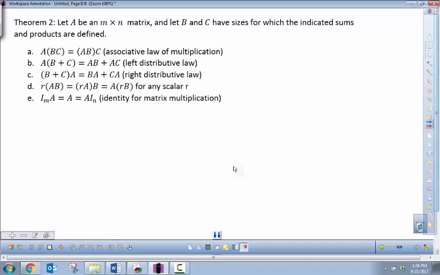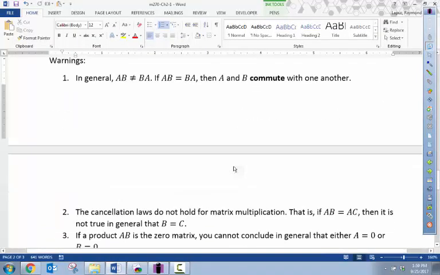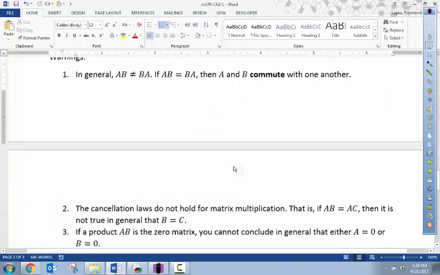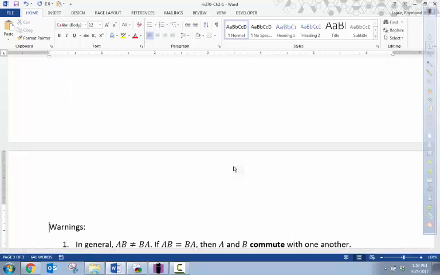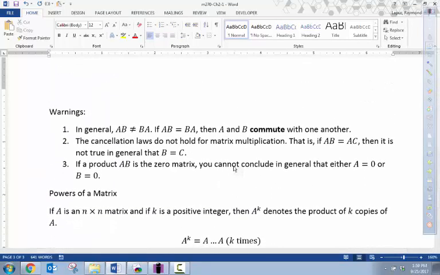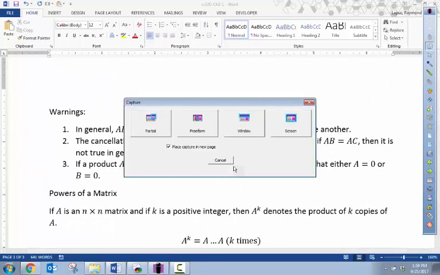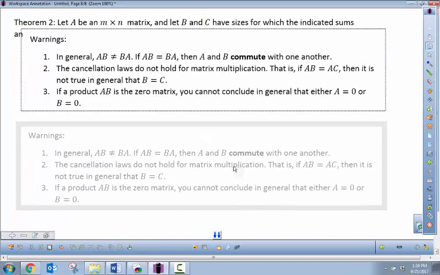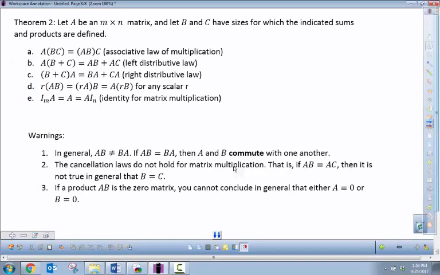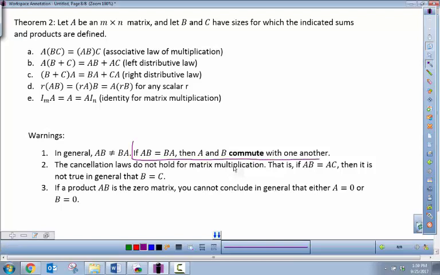Okay? Now, let's take a look at the warnings. The warnings are things that we would expect to be true because they work for real numbers, but it turns out that real numbers and matrices are not all the same thing. First of all, multiplication is not commutative, but there are special cases where they actually do equal each other.